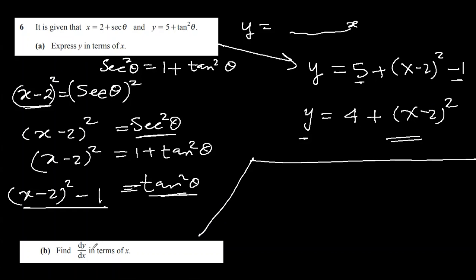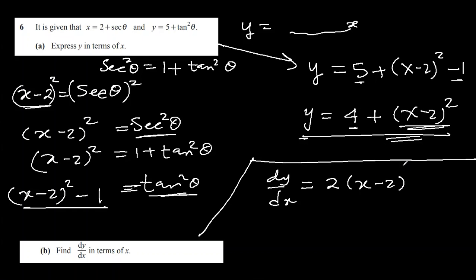Second part, B. It says find dy over dx in terms of x. Okay, so we'll just differentiate this. Dy over dx equal to, differentiation of 4 will be 0, so I'm not writing it. Differentiation of x minus 2 whole square will be, 2 will come in front of the bracket, x minus 2 remains x minus 2, and the exponent goes down by 1.